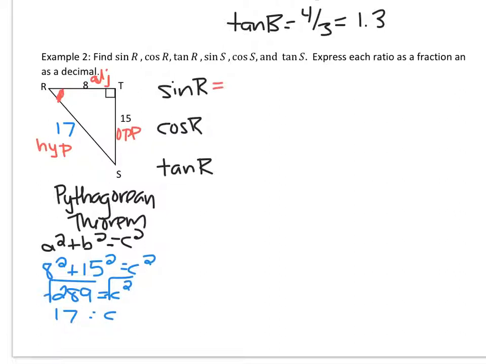Alright, so sine is opposite over hypotenuse, so we're going to have 15 over 17, which is about 0.88. We're going to have cosine, which is adjacent over hypotenuse, so 8 over 17, which is approximately 0.47. And tangent, which is opposite over adjacent, so 15 over 8, which gives us 1.88.